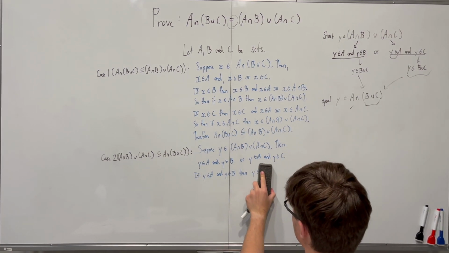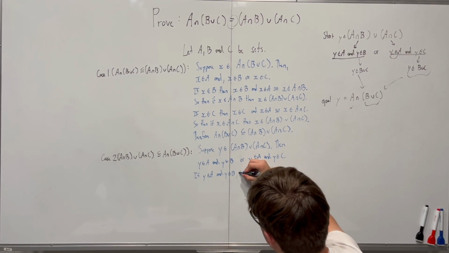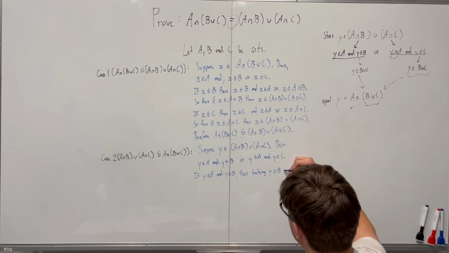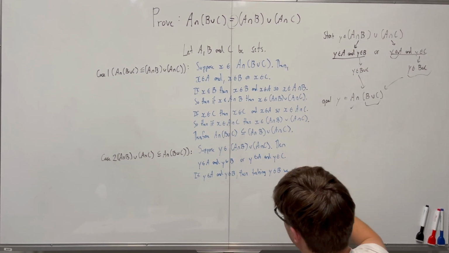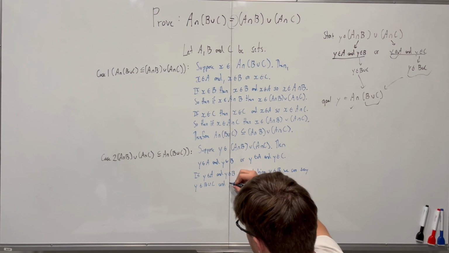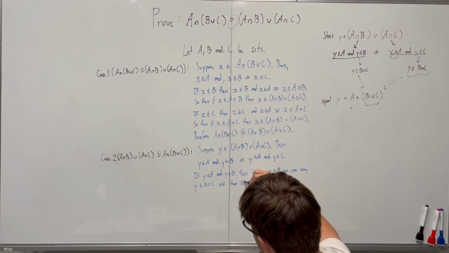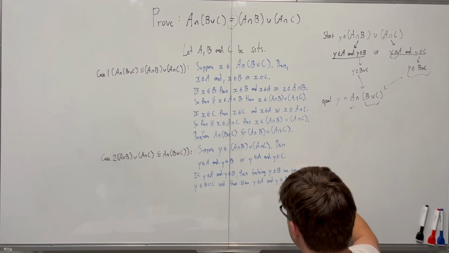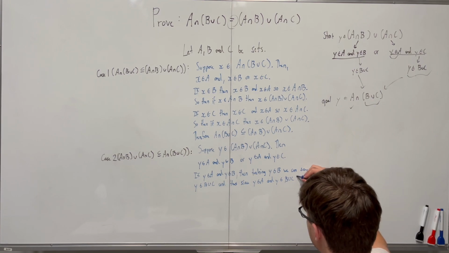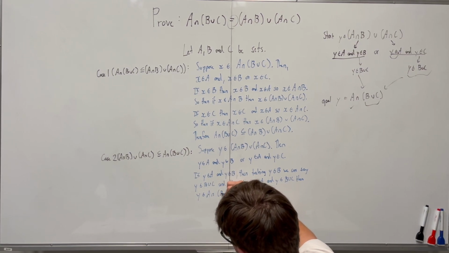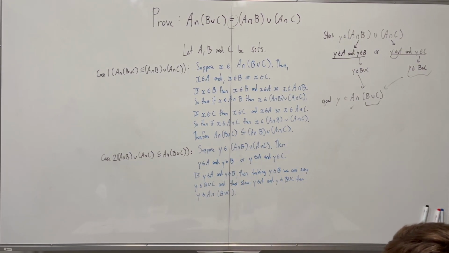I'll say, if that's true, then taking Y is an element of B, we can say Y is an element of B union C, and thus, since Y is an element of A and Y is an element of B union C, then Y is going to be an element of A intersect with B union C. Fantastic. Okay. Bit lengthy. I think that's nice and explicit.